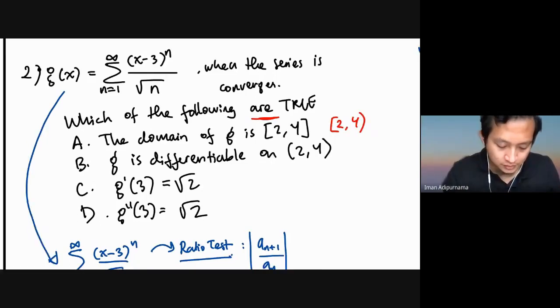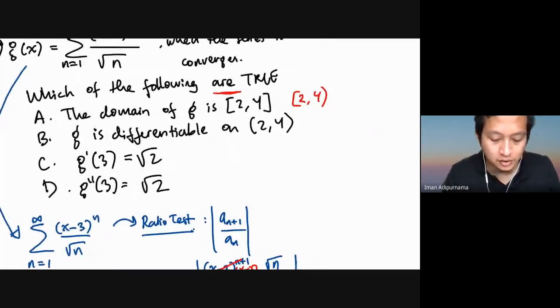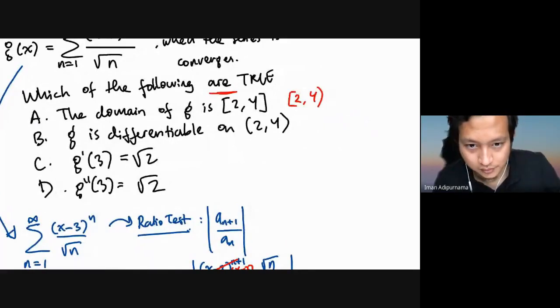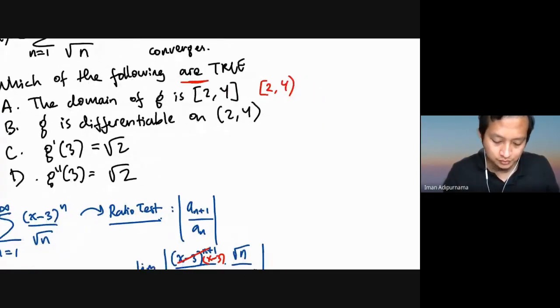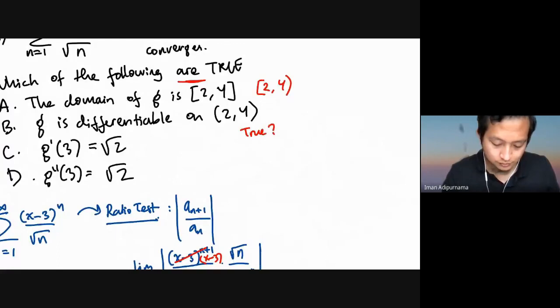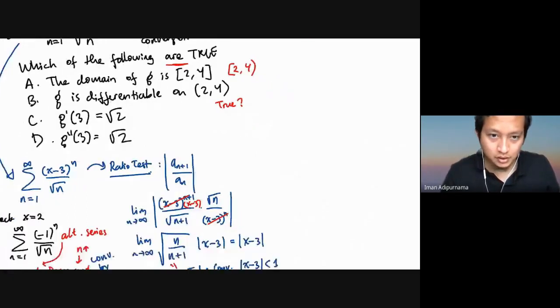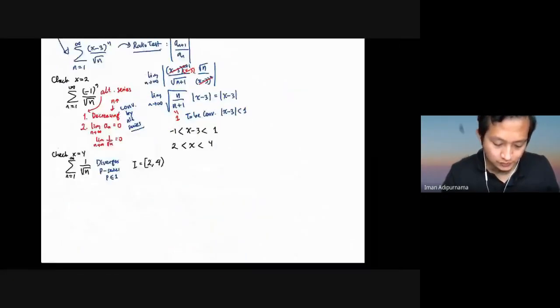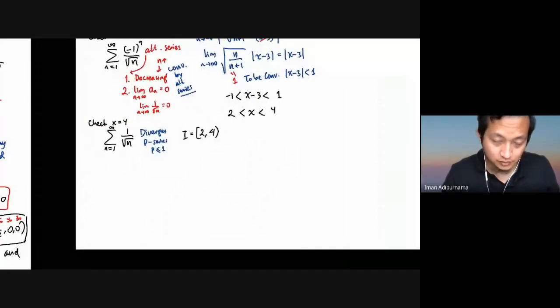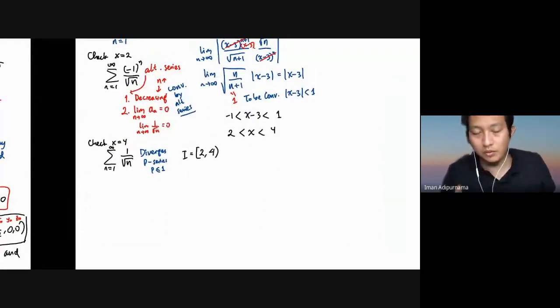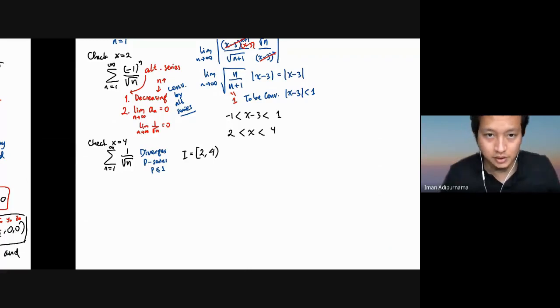And option B: G is differentiable on 2 to 4. Is it true? Based on the definitions of differentiable, remember Calculus 1, what we did last semester.